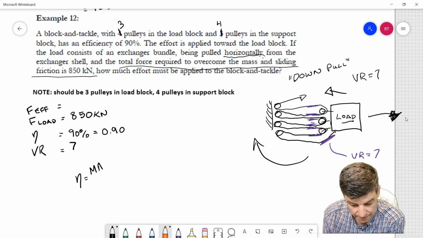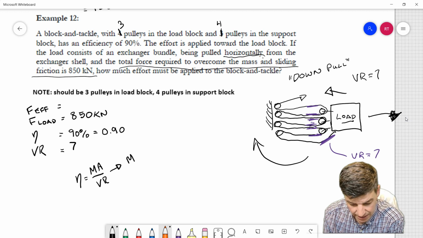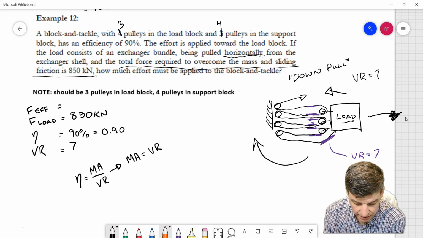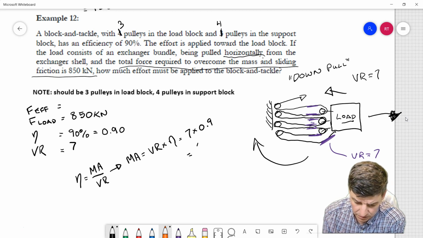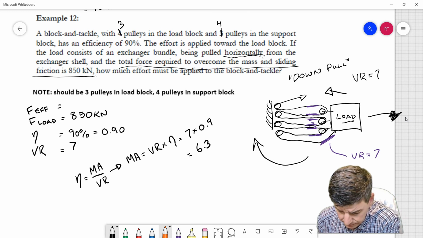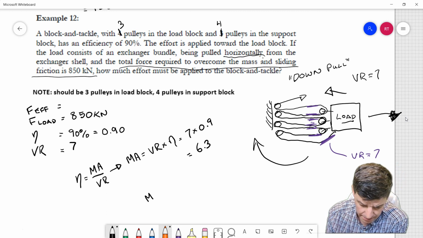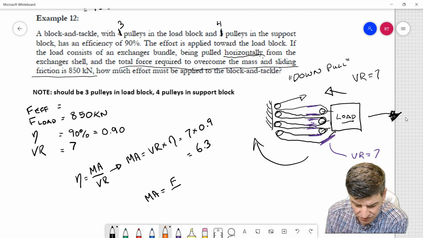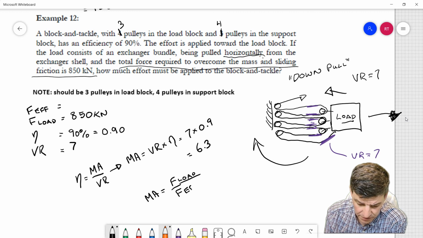Efficiency is equal to MA over VR. Or if I want to find my MA, it's equal to VR times my efficiency. That's equal to 7 times 0.9, which is equal to 6.3. My MA is also equal to my ratio of forces, the force of my load, which is the larger value, compared to the force of the effort.